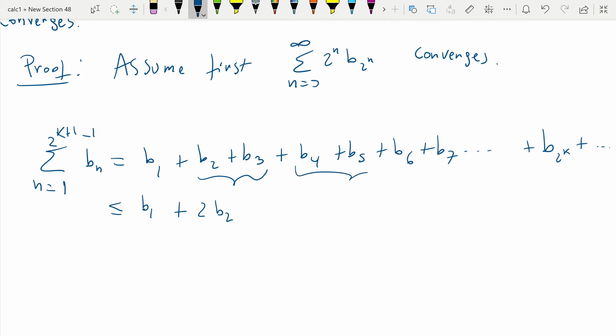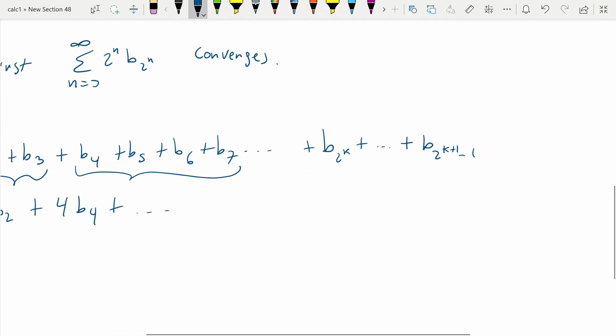Now b4 is the biggest of these four terms, so we might as well be adding b4 plus b4 plus b4 plus b4, and that would give us a bigger number. But then that would be 4 times b4, and so on.